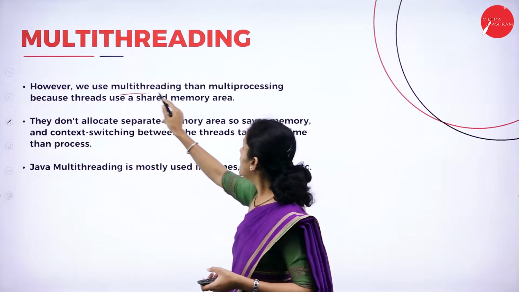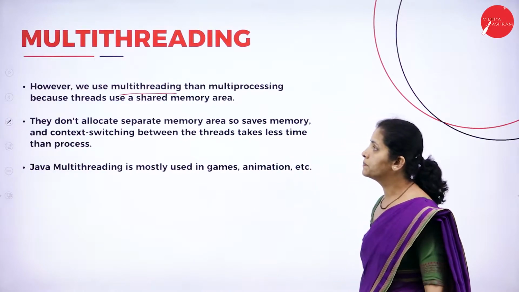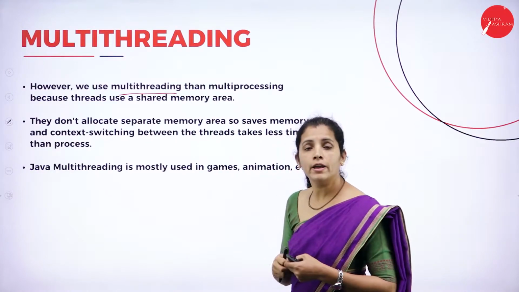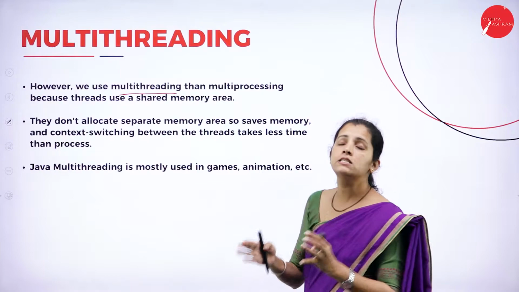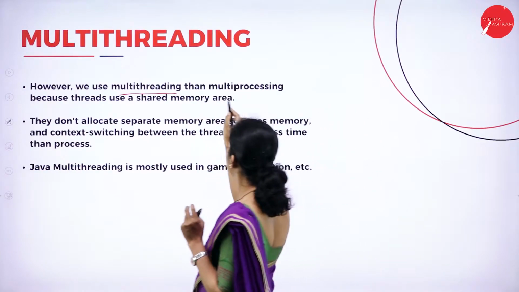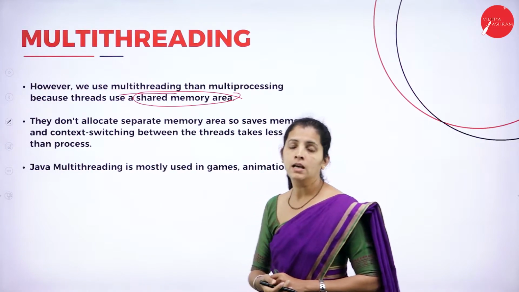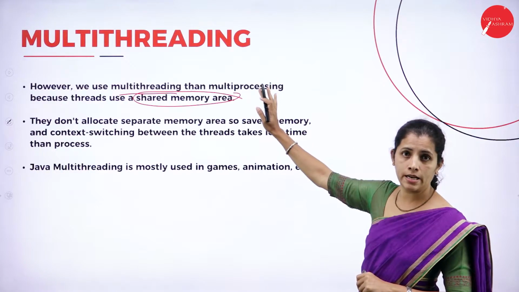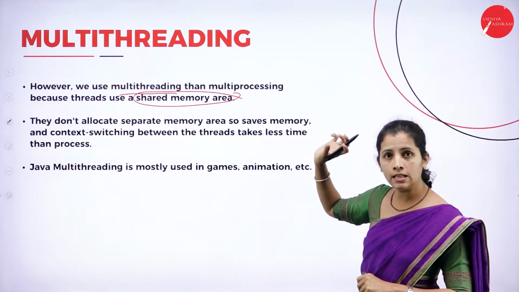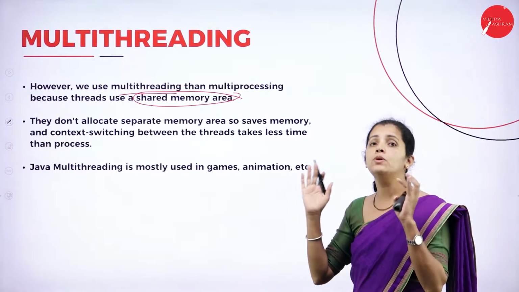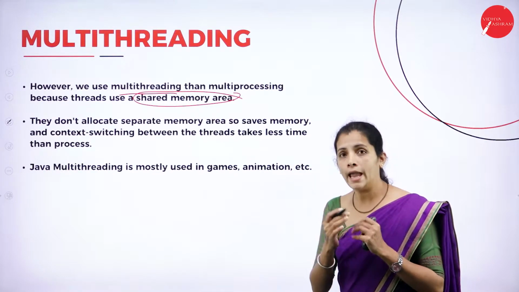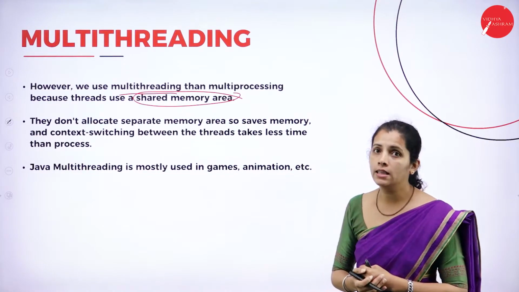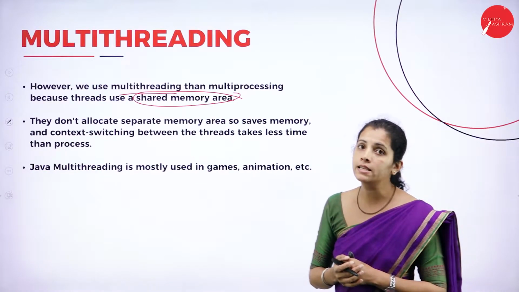Now, what is the difference between multi-threading and multiprocessing? If I use thread, it is always going to use shared memory area. What is this shared memory area and where is it present? If I consider CPU, CPU is made up of ALU as well as CU along with memory, that is primary memory as well as secondary memory.